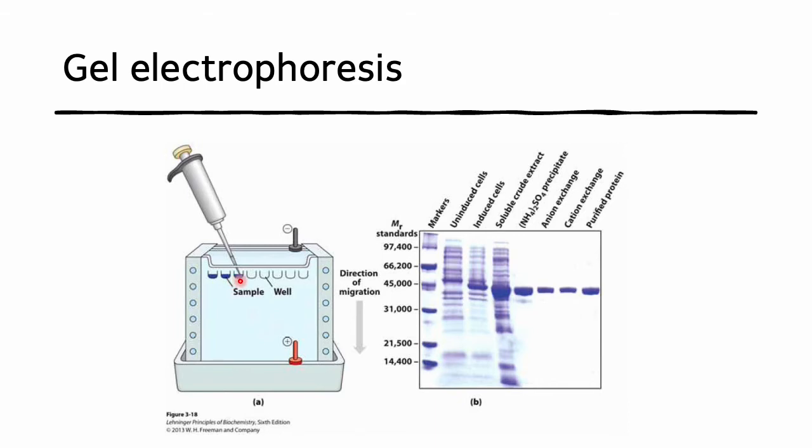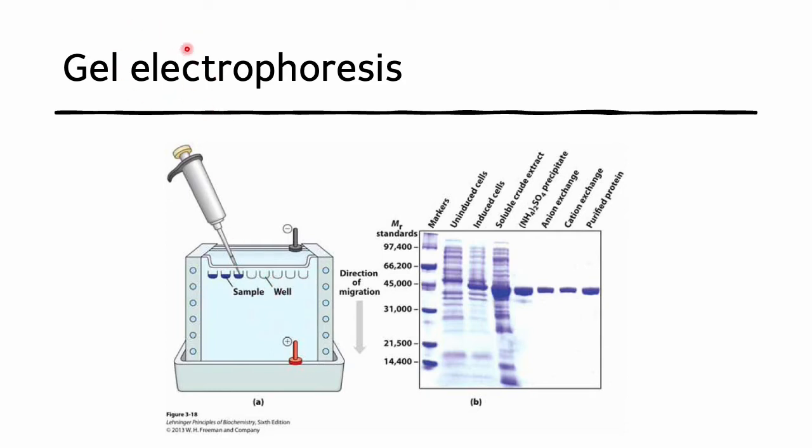In making the loading sample, you try to make it contain the same amount of protein, because without the same amount of protein, you can't actually compare the amount of specific protein between these two samples. So in the loading sample, you have to make it contain exactly the same amount of protein between samples.